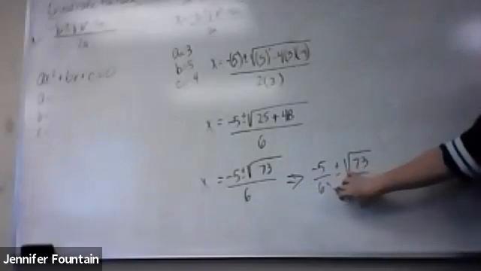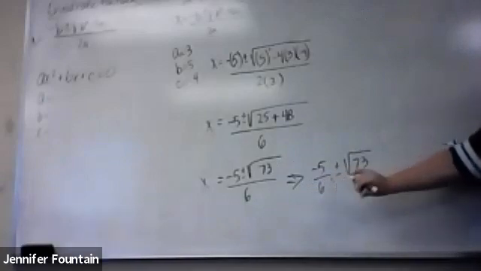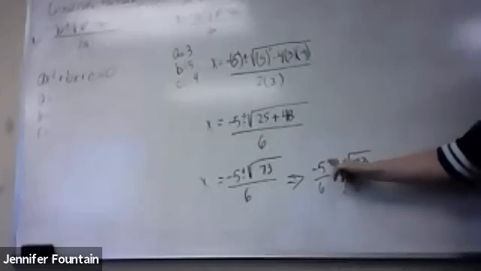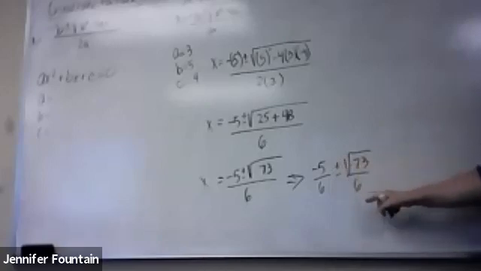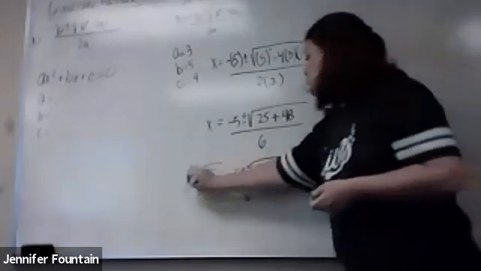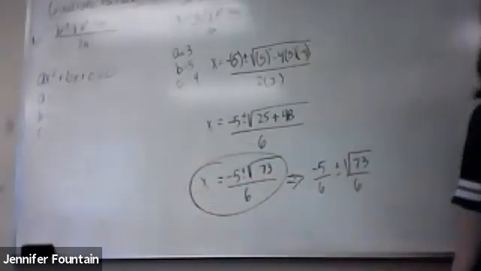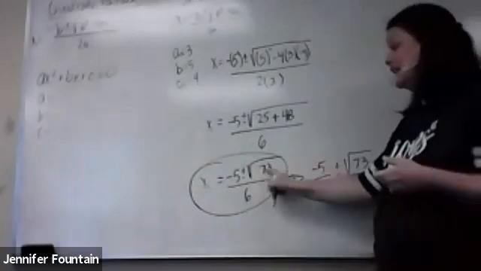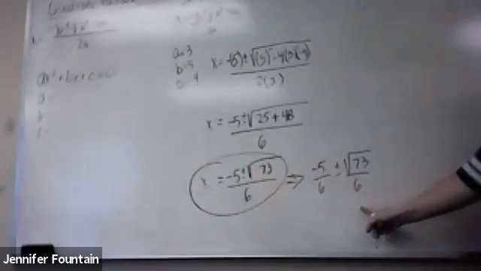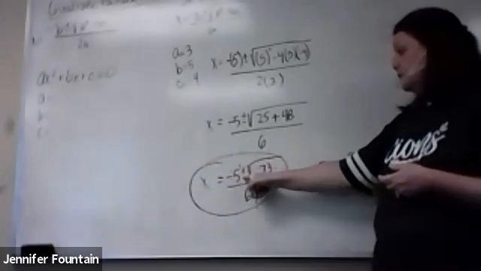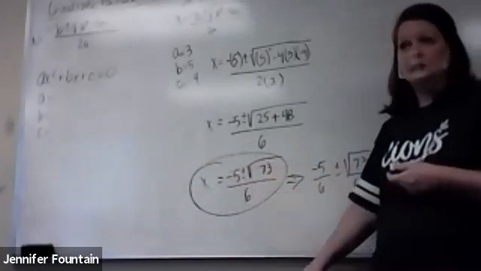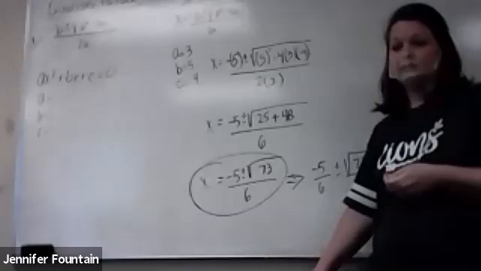This will come into play later when I can see that I could possibly cancel here. But if you cannot cancel, then you can just leave this as your answer. Part of my simplification process is, if I can see that I could cancel, I would separate it and simplify, but in this particular problem, I cannot. So I'm going to leave my answer as negative 5 plus or minus the square root of 73 over 6. Any questions about that?